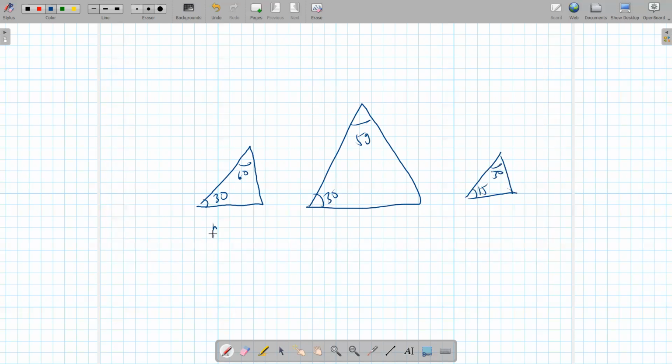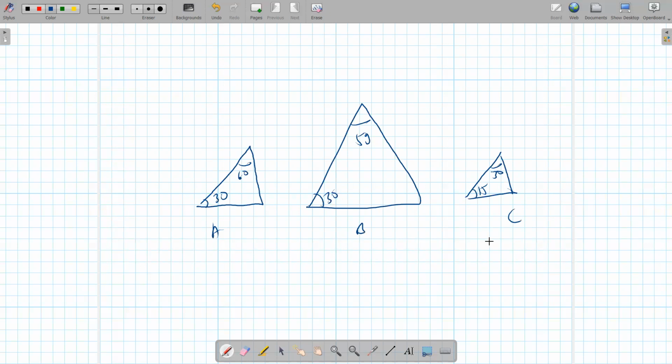So you have three triangles here, A, B, and C. Which two triangles are similar? I'm trying to find similar triangles. Any ideas? A and C.